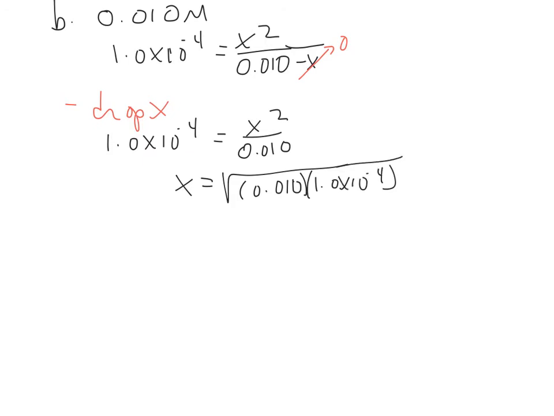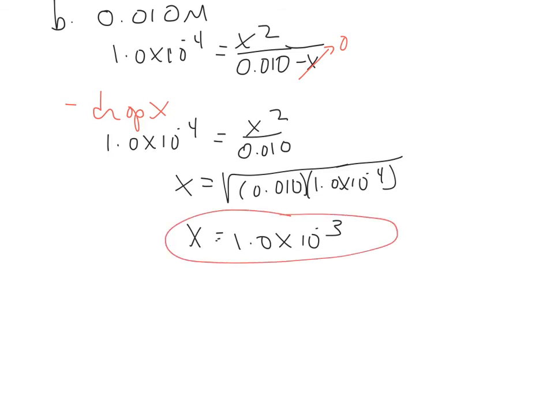So that's 10 to the minus 6. The square root of that is 1.0 times 10 to the minus 3. So that's what you get if you drop the x. All right, then on the next slide, we'll look at the details of not dropping x.